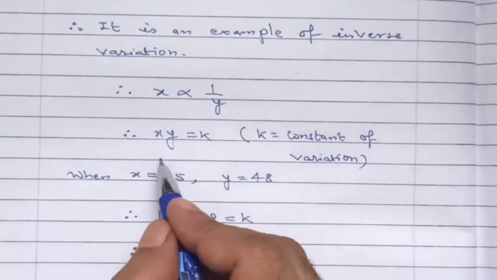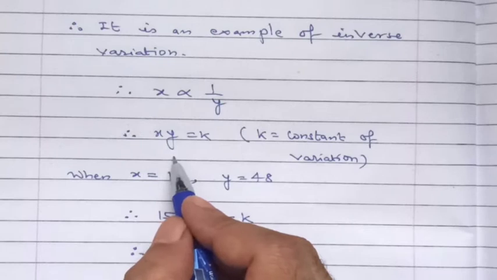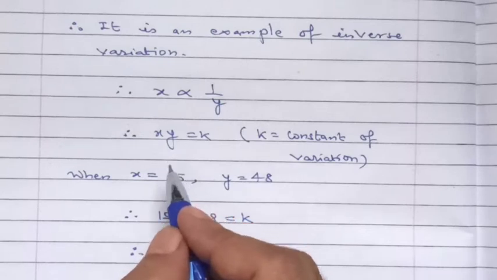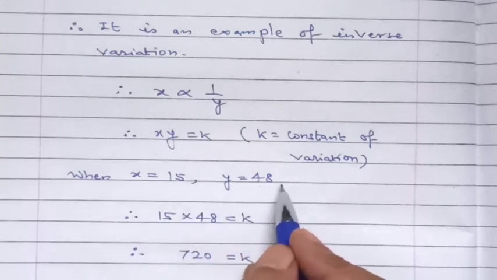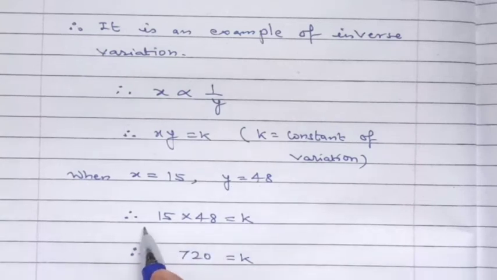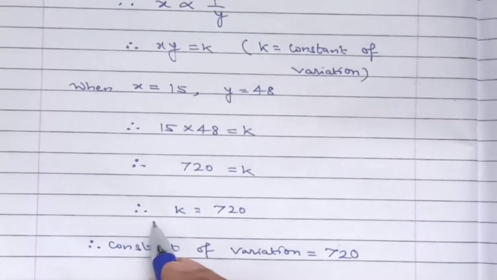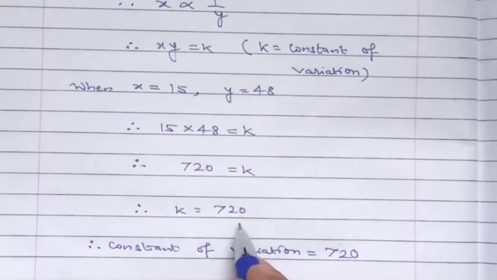You have to put the value of X and Y, and then you can get K. So when X is 15, Y is 48. Therefore, X into Y means 15 into 48 is equal to K. Therefore, 15 into 48 is 720. So 720 is equal to K. Therefore, K is equal to 720.